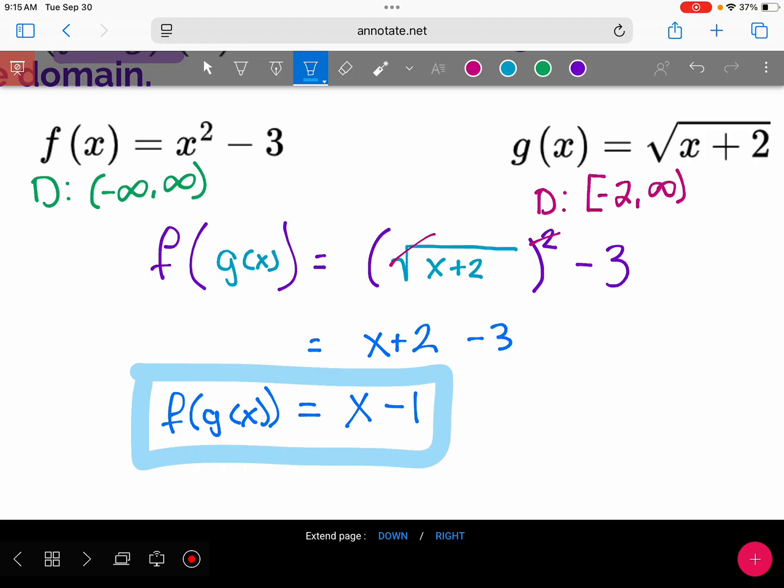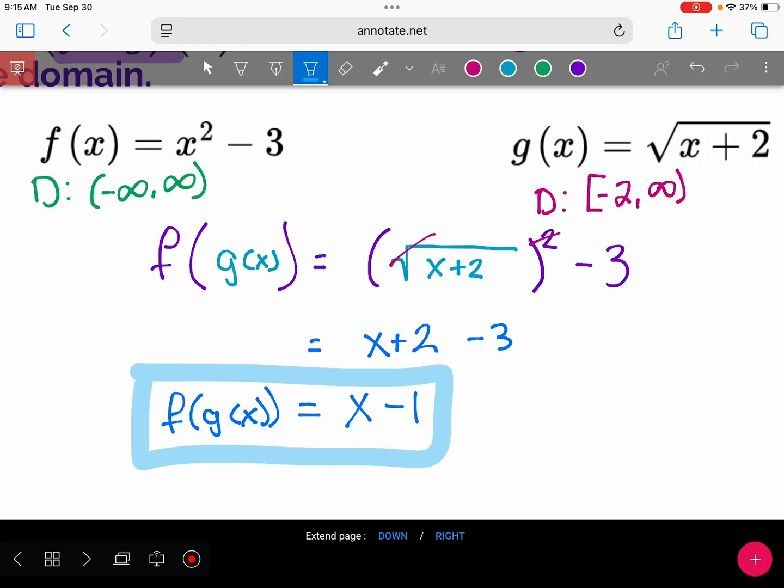But this wasn't just coming from the universe, and they gave us a line from nowhere. It was born from f of x and g of x. So it only lives in these two lanes, and it's only going to exist where both of them exist. So the domain on our composed function is going to be where this domain and that domain overlap.